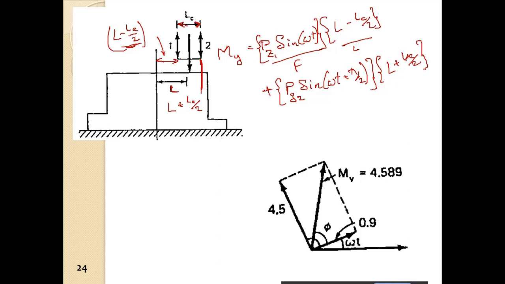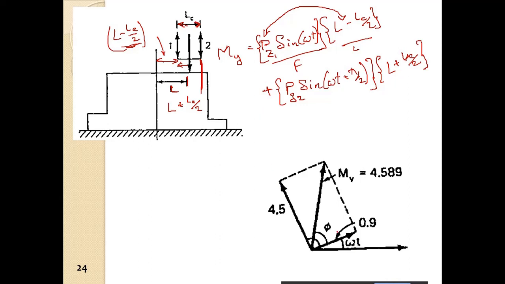So if you see here, the moment from this force is 3 into L minus LC by 2. Some units of L and LC by 2 are given, so you find that out in the text. That is up to you. L minus LC by 2, so definitely it will be reduced.